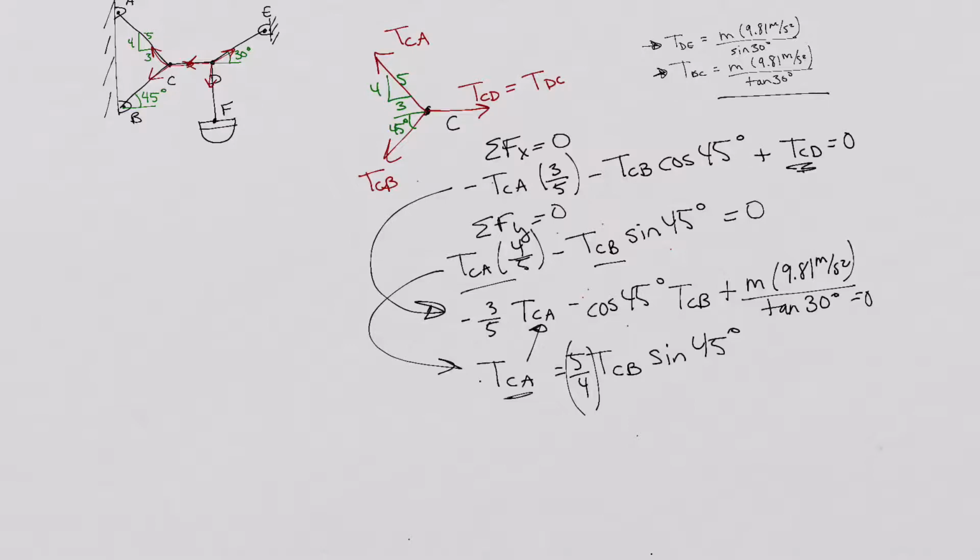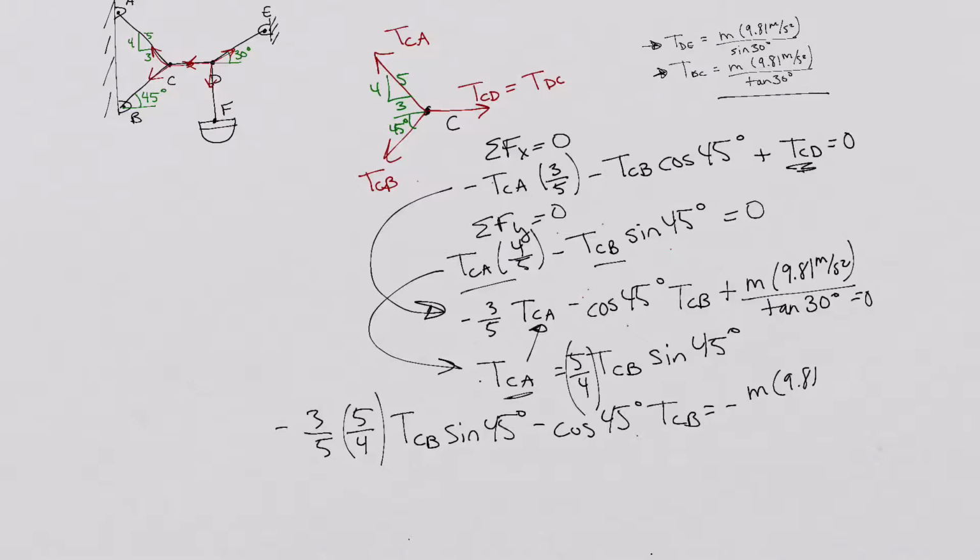And we basically get negative 3/5 TCA, which is that 5 over 4, TCB sine 45 degrees minus cosine 45 degrees TCB equals negative m times 9.81 meters per second squared divided by tangent of 30 degrees.